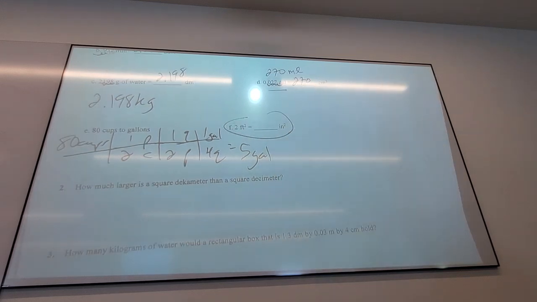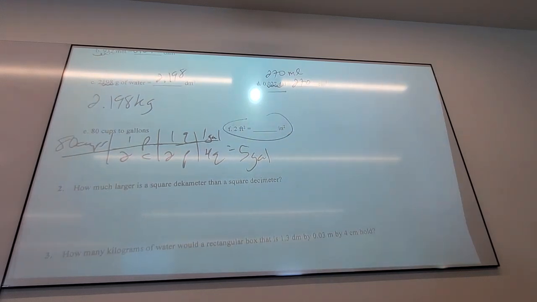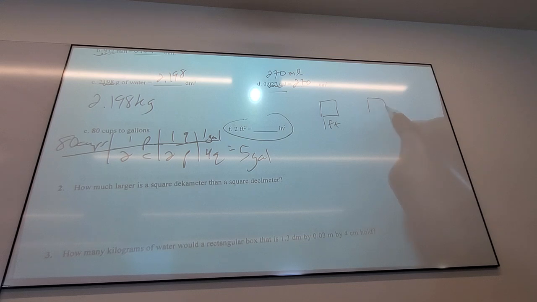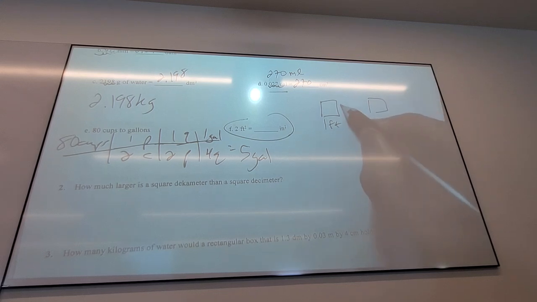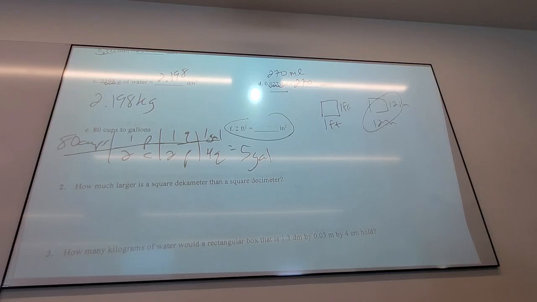Now, real quick, this guy. Okay. Let me show you the idea behind this, and then I'll show you the shortcut. 1 foot is 12 inches. So 1 square foot would be 144 square inches, correct? Do you guys see that? So I was talking to several groups about this.